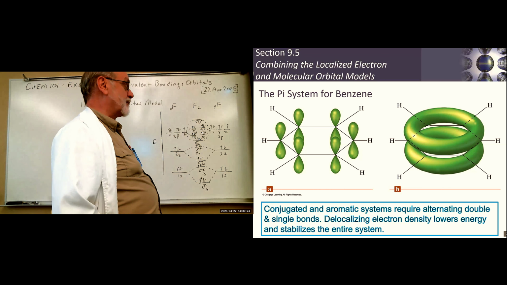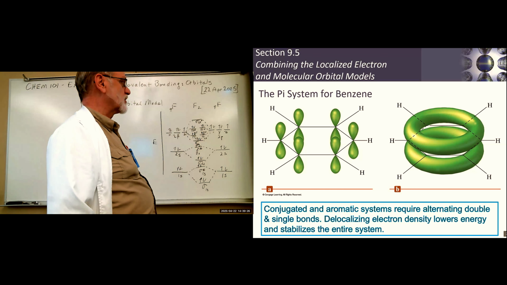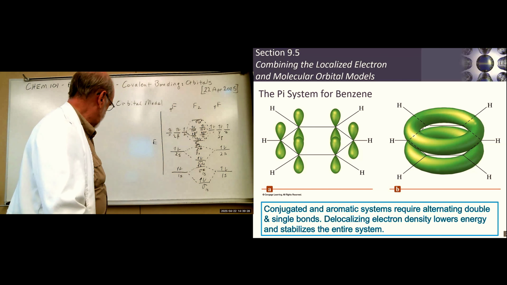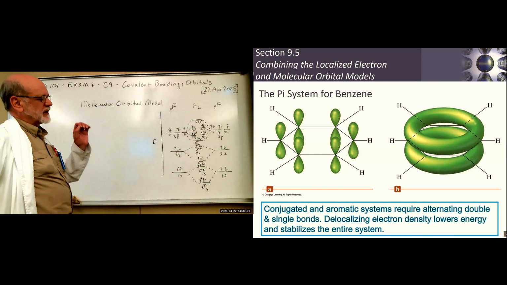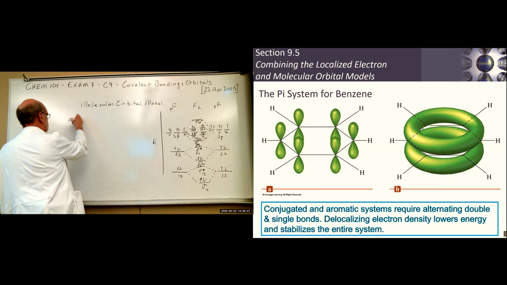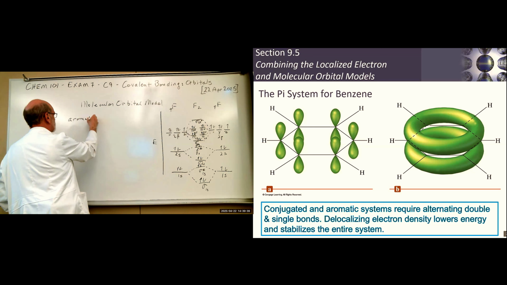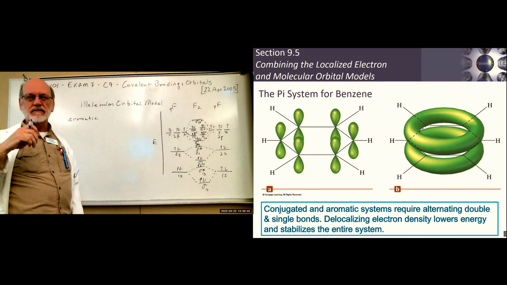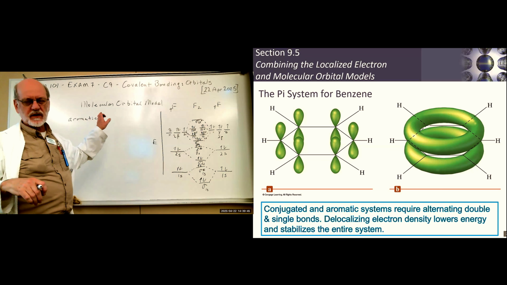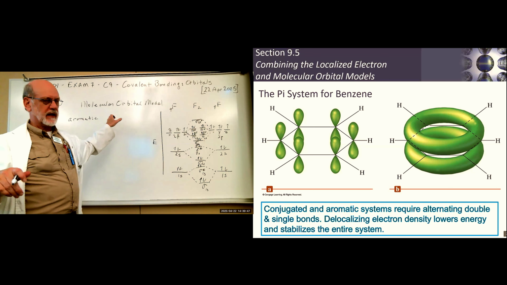This, in fact, is an example of a conjugated system. Well, actually, this model is aromatic. Aromatic is a type of ring structure that adds stability to molecules. And we're not going to go into a lot of detail there until you take organic chemistry.